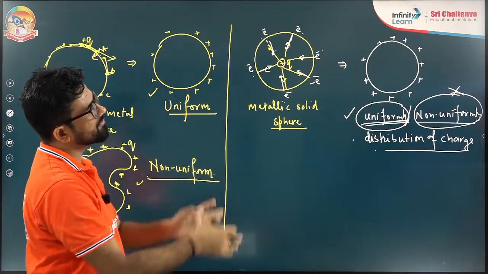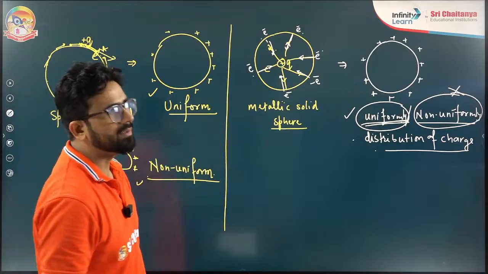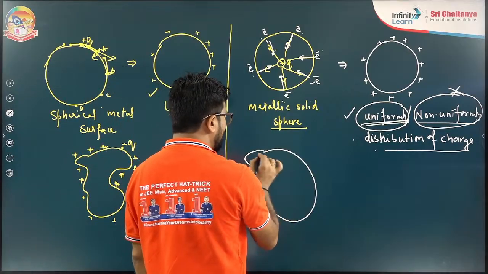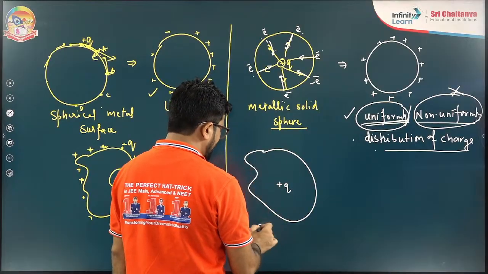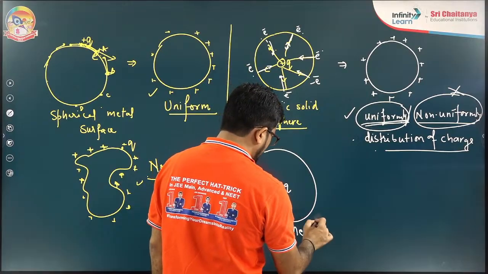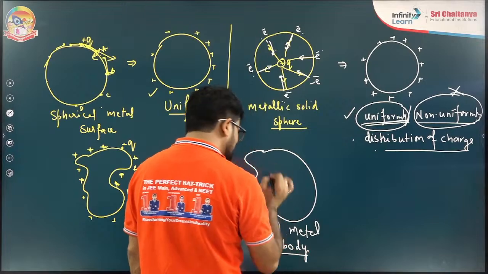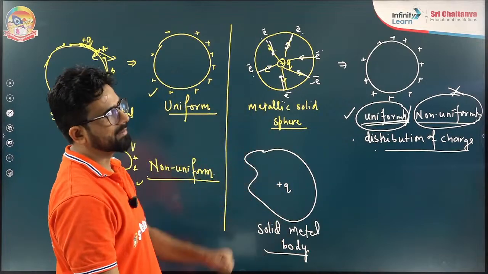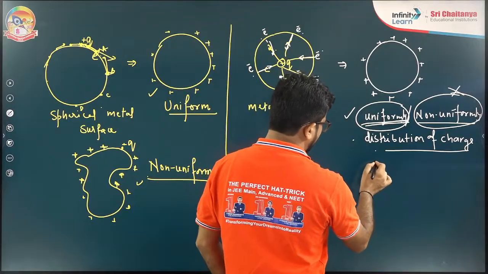If it is not a sphere but any other surface, the same thing will happen. If you put charge in a solid metal body of any shape, the charge will come on the surface.